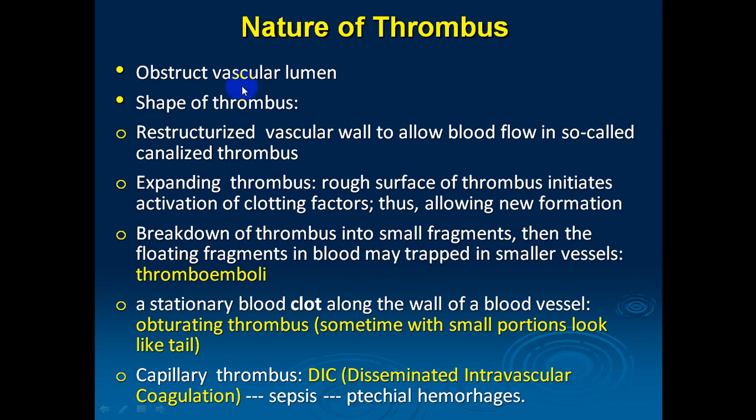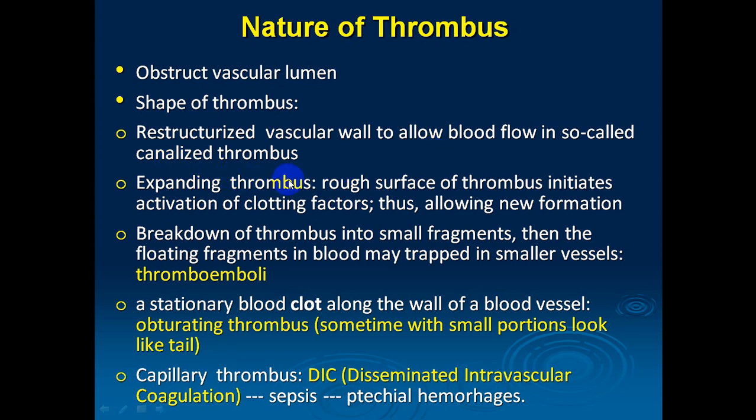So thrombus obstructs the vascular lumen, and sometimes the thrombus can be restructured to make a canalized thrombus. Because if a thrombus occurs, the pressure from the blood flow will break off some of the thrombus and make a new channel. We call that a canalized thrombus.